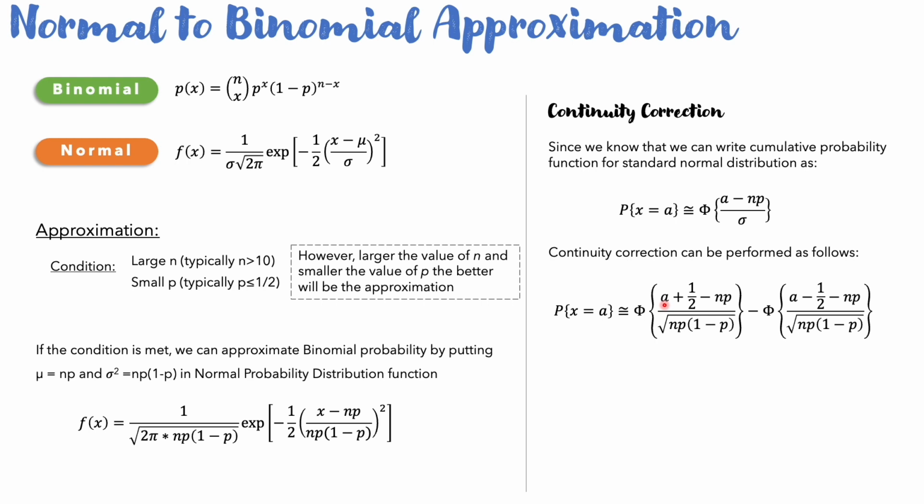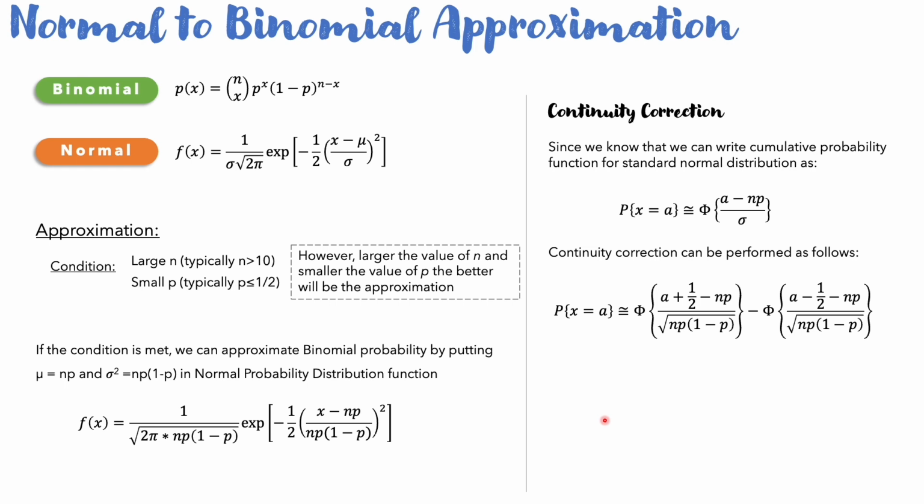So if you plot a normal probability distribution bell shaped curve, and you locate the value of a plus 1 over 2 and a minus 1 over 2, then you will realize that we are extending the region in order to make this distribution continuous, because in binomial it is just a single straight line. So we are extending it one half forward and one half backwards.